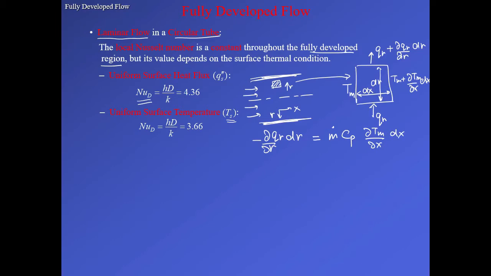Okay, so starting with this energy balance, and remember this Q_r can be written using Fourier's law of heat conduction as minus k times 2 pi r times dx, and then you multiply that by del T by del r.